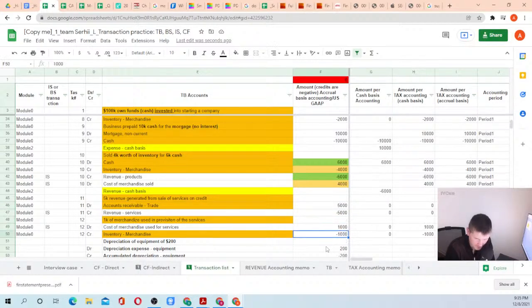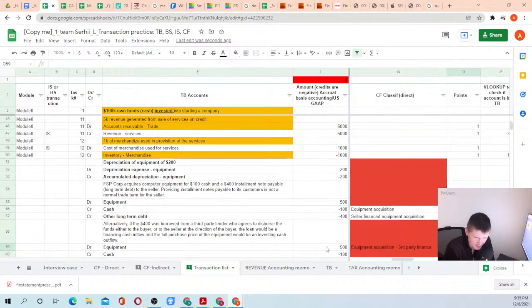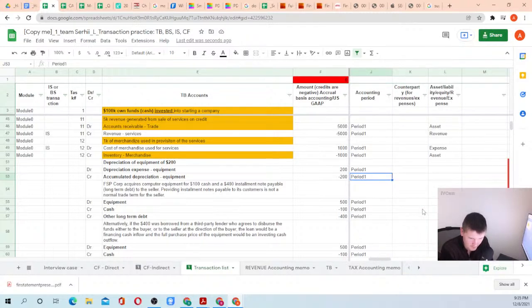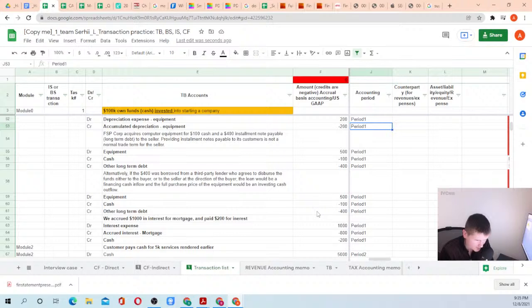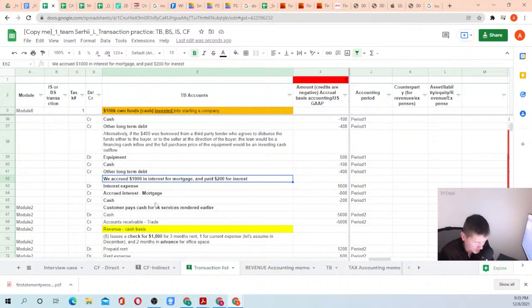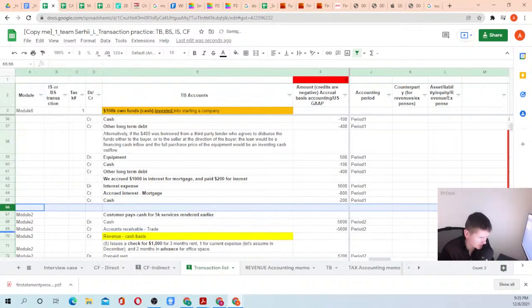We need to make sure where our period is. It's period 1, so we did some non-cash items, and I think we reflected everything up to here. So let's add some rows here.